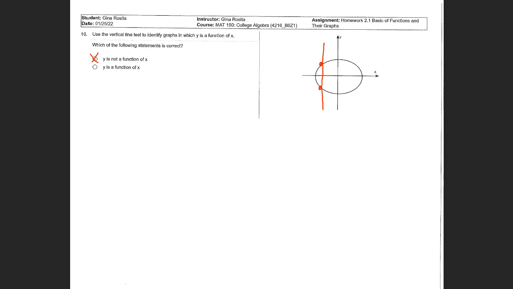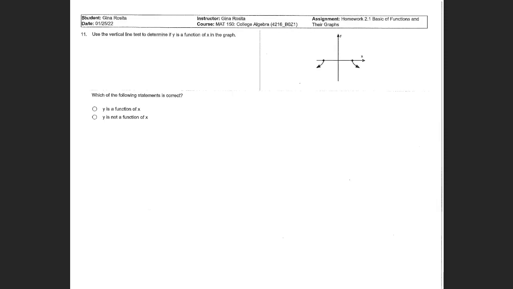Okay. Now go to the next one. Use the vertical line test to determine if y is a function of x in the graph. Okay. Just make a vertical line. Okay, I use a different color.